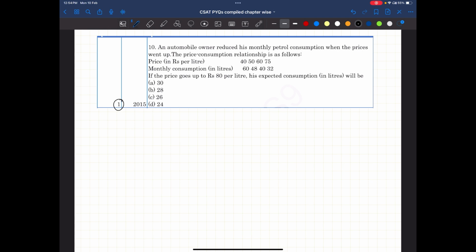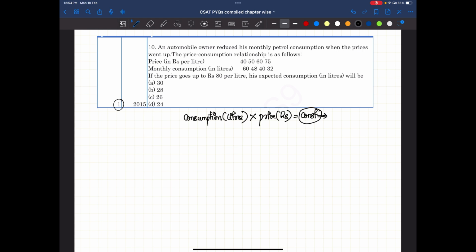Here, consumption in liters into price is constant. Now, what is this constant?